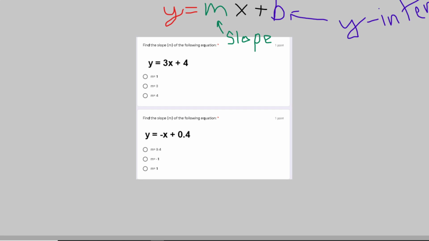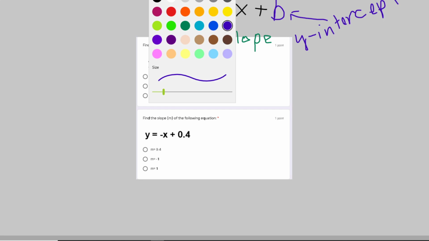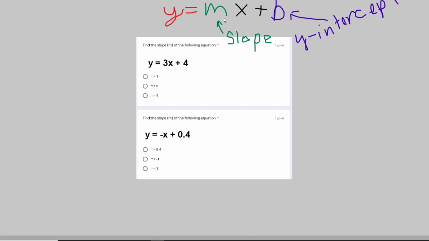Yeah, it's getting cut off. Let me write it over here. Y-intercept. Okay. So for this first one here, the number in front of x is 3.